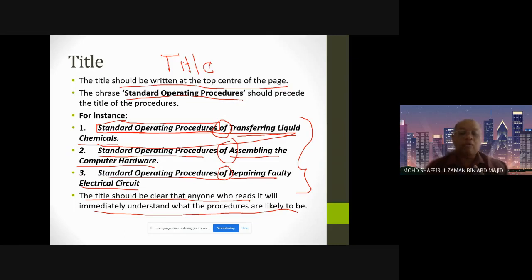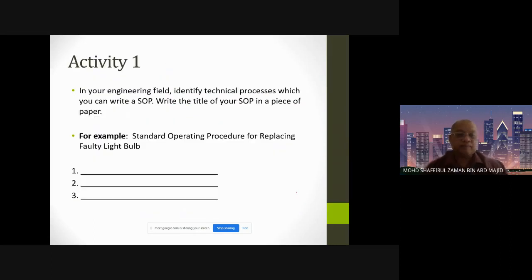So later on, when you start working, you should do the same, whereby you highlight or put it in bold so that when people have a look at the SOP, they know what you are trying to say. Okay, so we're going to skip activity one. You can do it on your own later on.